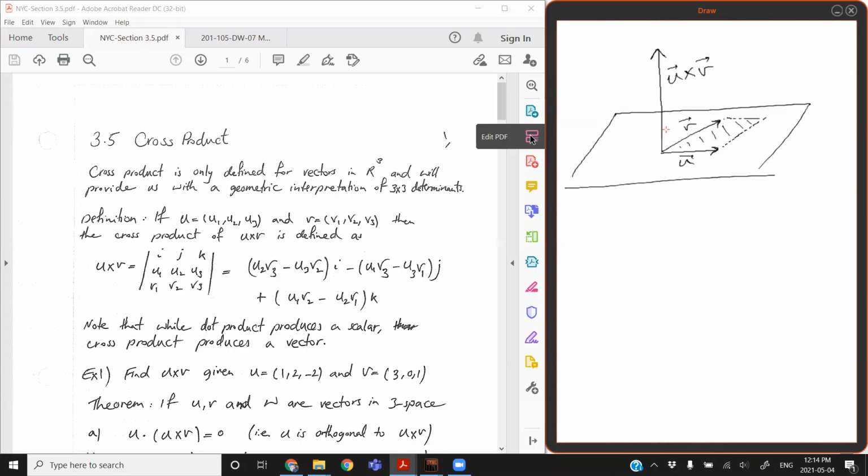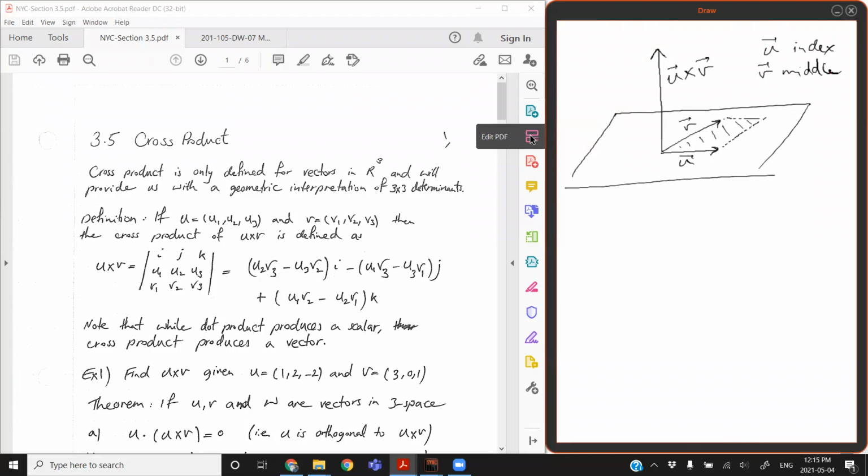The direction of the cross product can be figured out using something called the right hand rule. So imagine that you use your right hand and you put your index finger alongside the vector u. So that's for the index finger. And then you put your middle finger along the vector v. So that's for the middle finger. Yes.